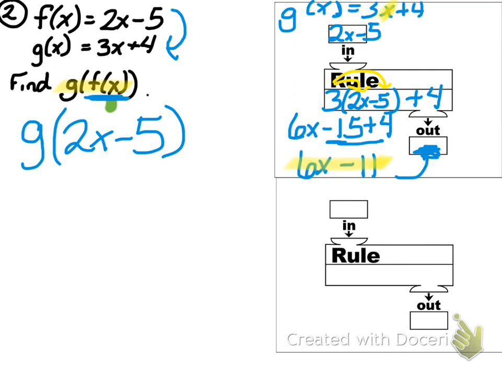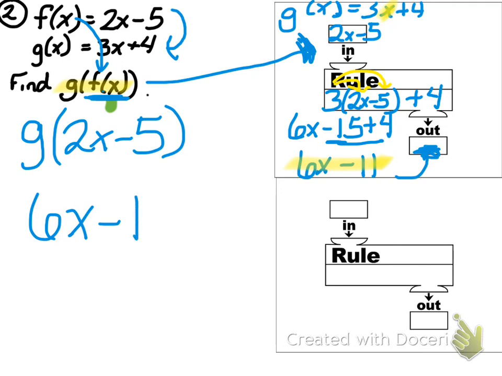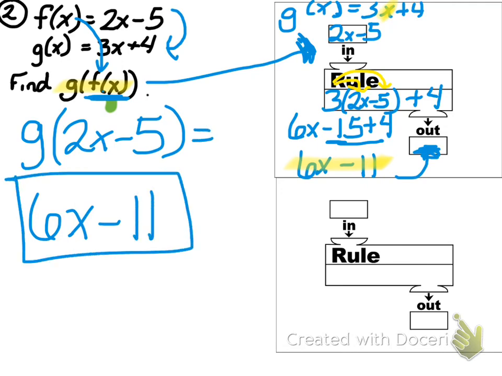I have found what my f of x function is, plugged it into the parenthesis, and then used my function notation, my function machine, to help me plug it in. And so g of 2x minus 5 is the same thing as 6x minus 11. So this is my answer.